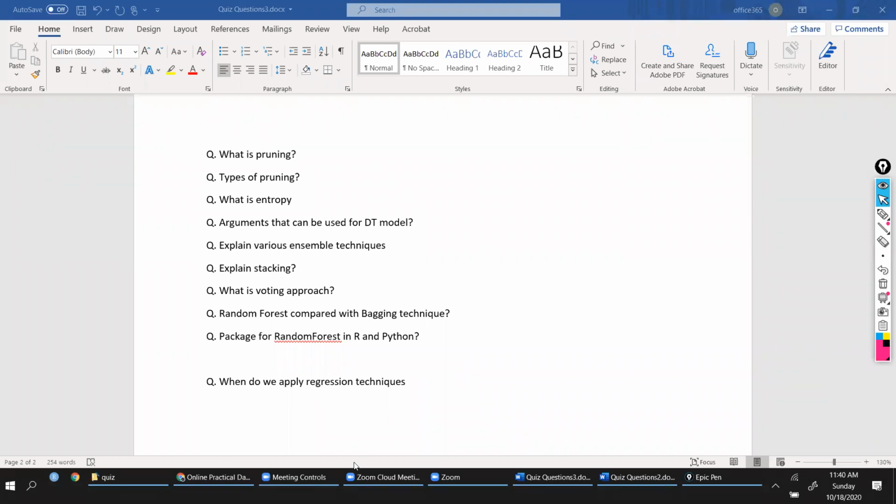No. When output variable is numeric in nature, we apply regression techniques. We go with regression techniques when output variable is numeric in nature.